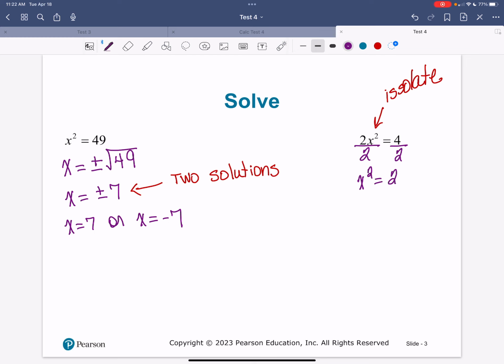I'm going to take the square root of that, but when I do, I have to put my plus or minus right there. Can the square root of 2 be simplified any further? No. So x can be the square root of 2, or x can be negative square root of 2.